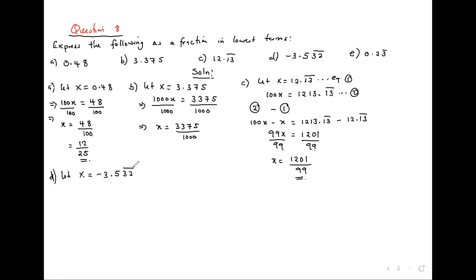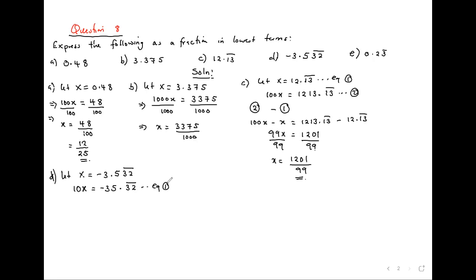So we have a job of moving 5 from the right of the point to the left, so that we can name that equation as equation 1. So we multiply by 10 because we only have 5 there. So we have 10x is equal to negative 35.32 bar. This will become our equation 1.